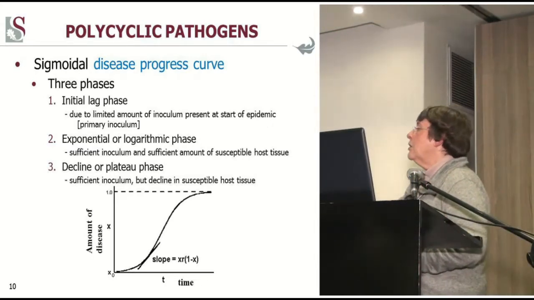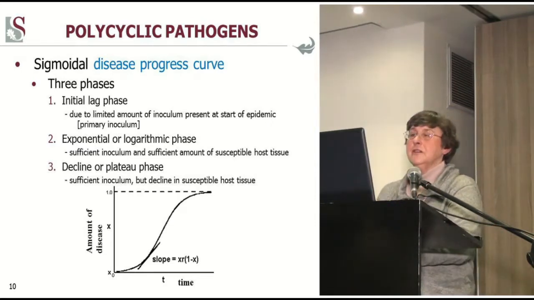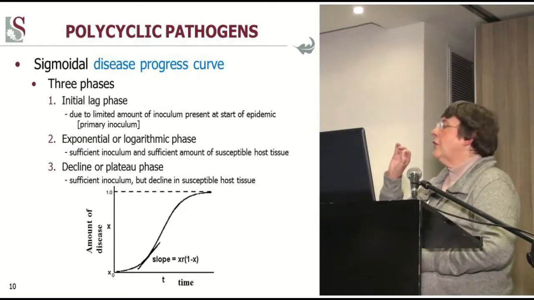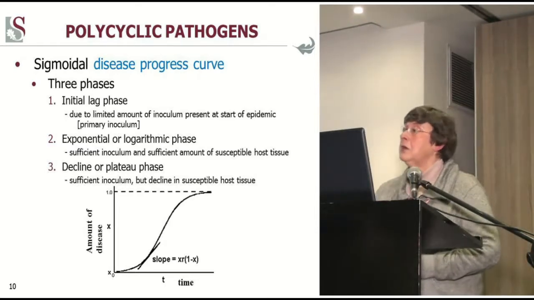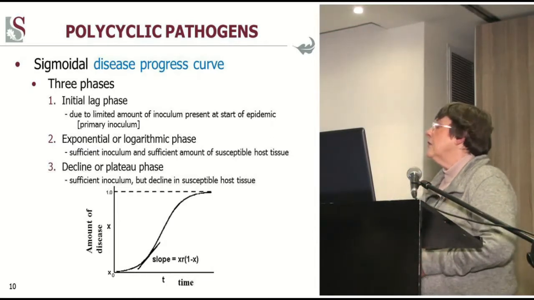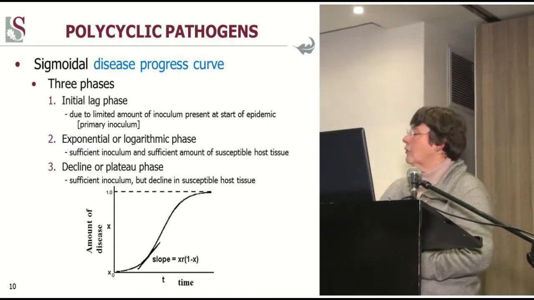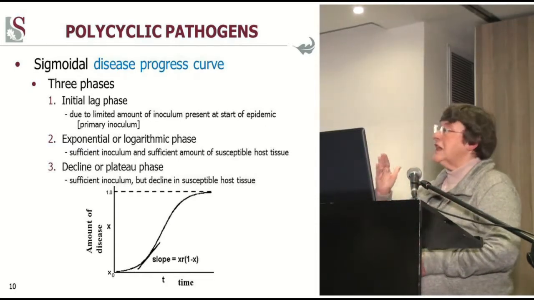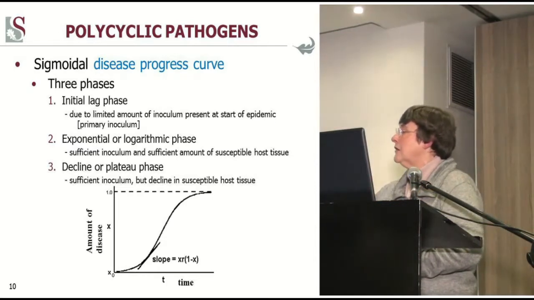Your disease progress curve shows how that disease develops over time. And the type of disease progress curve you get with a typical polycyclic pathogen is what we call a sigmoidal disease progress curve. In a sigmoidal disease progress curve, what we see initially is a very slow development of the disease.